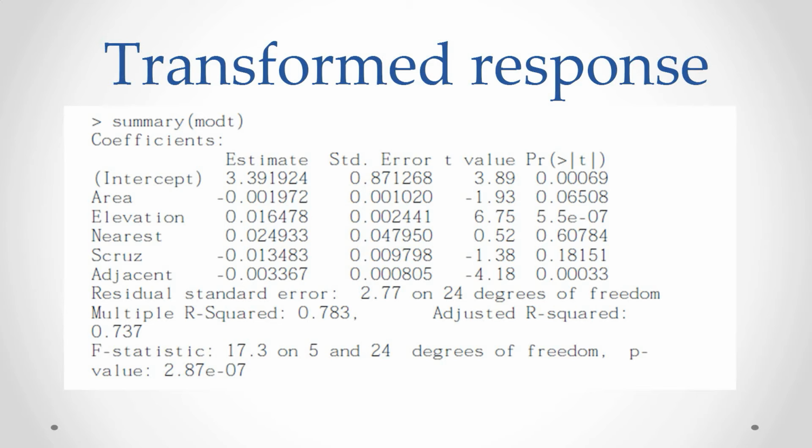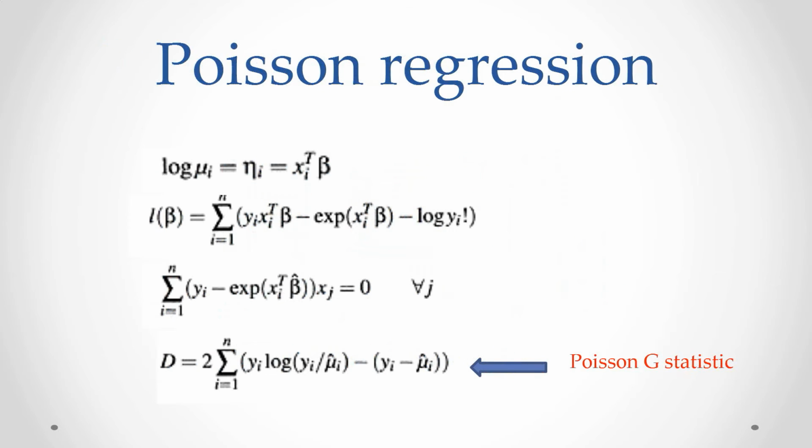However, a problem with this model is that we have transformed the response, and hence the coefficients give the effect of a unit change on the square root of counts, which has no ready interpretation. So to get a more satisfactory answer, we shall move next to Poisson regression.